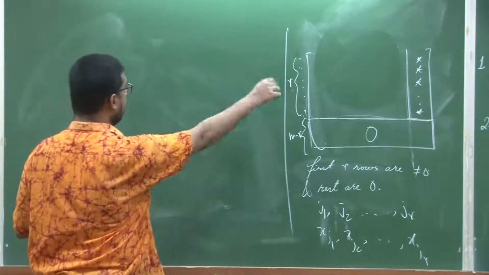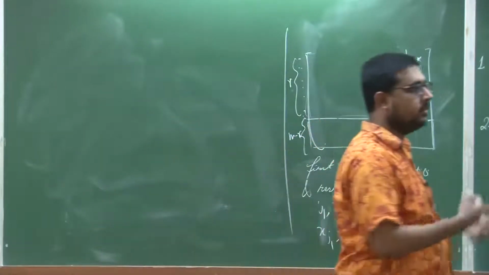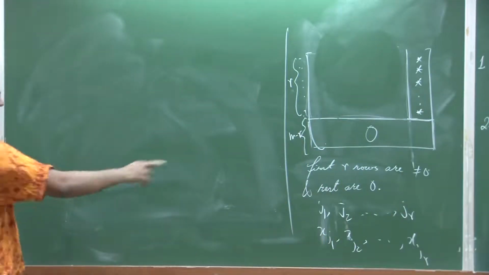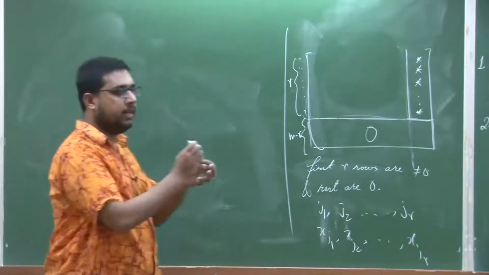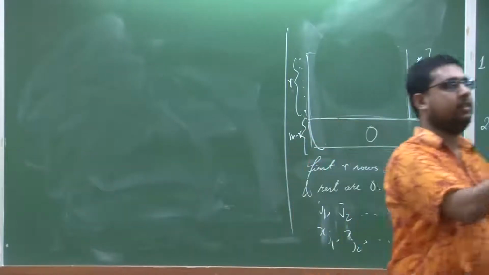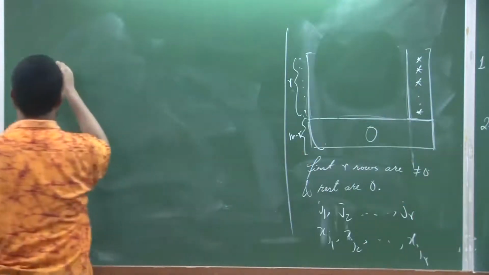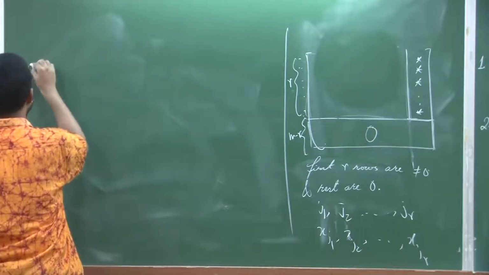Suppose that you have some variables which are not coming from the columns containing the pivots. You will have n minus r such variables. We will simply re-label the variables for the sake of simplicity in notation.